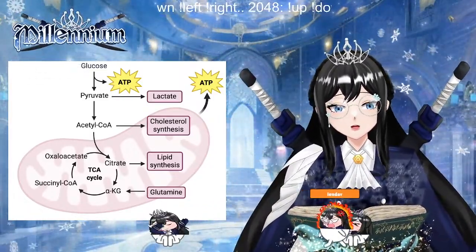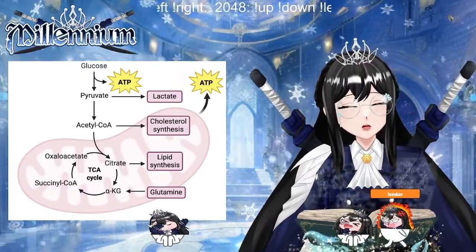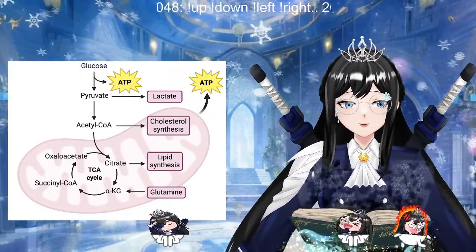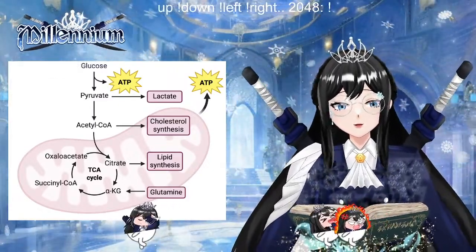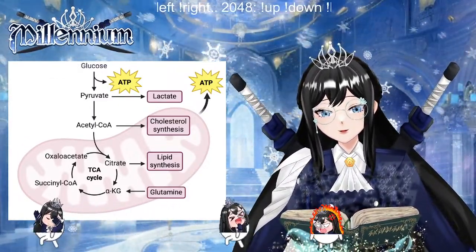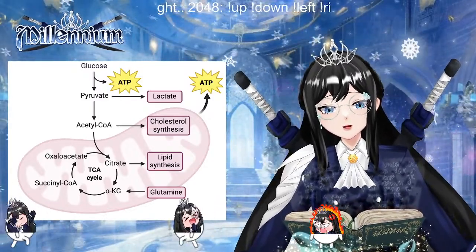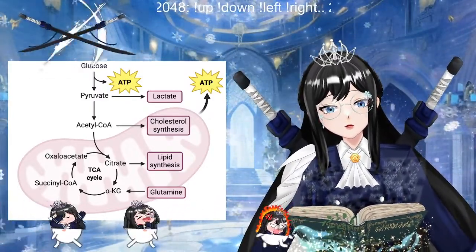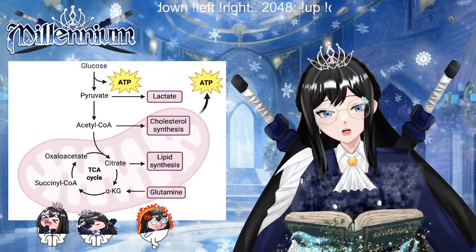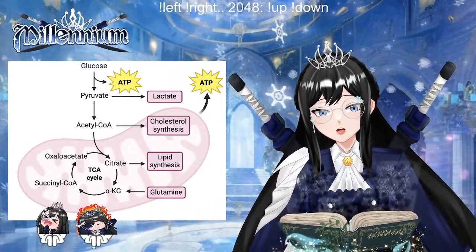I will be converted into acetyl-CoA. Who will convert me? Pyruvate dehydrogenase complex. While pyruvate is being converted to acetyl-CoA, you release CO2 and also NAD plus gets reduced into NADH.